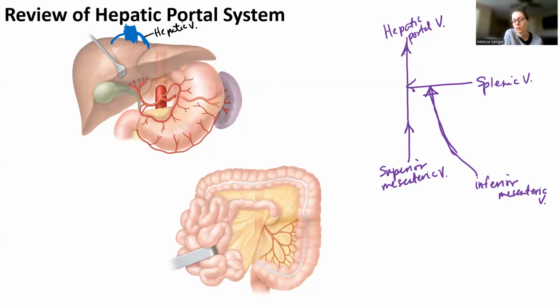blood goes in that direction, and then into that direction. So what this is going to look like is we'll have a splenic vein running parallel to our splenic artery right there. At the base of the liver, we're going to have a really, really big vein where splenic vein drains into. Okay.